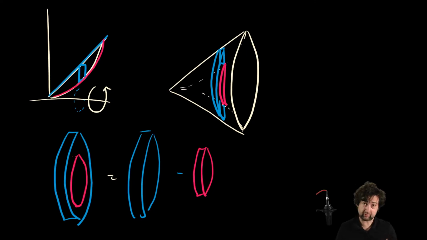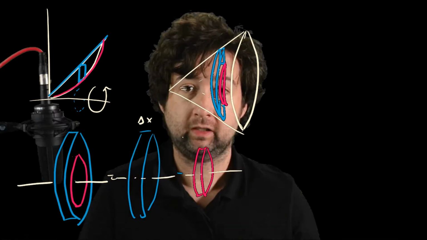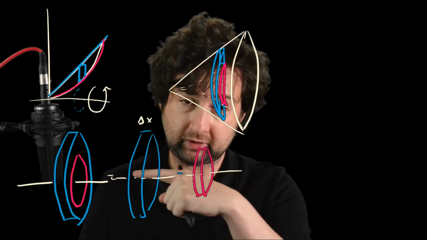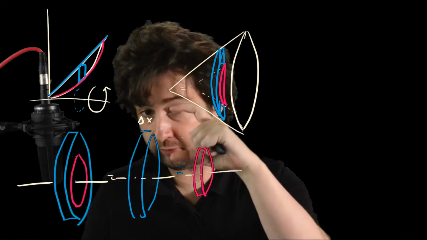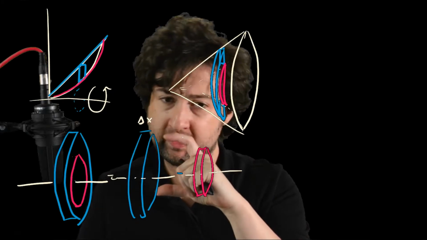Okay, so the volumes of each of those pieces we can solve exactly the same way we did before. The representative volume of the blue piece is going to be equal to, well, its width is delta x, and its radius is going to be the distance from the axis of rotation out to the blue edge here. So what is that going to be?